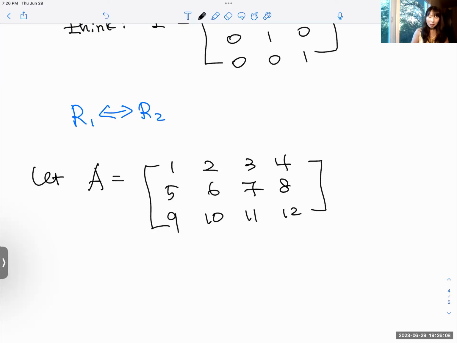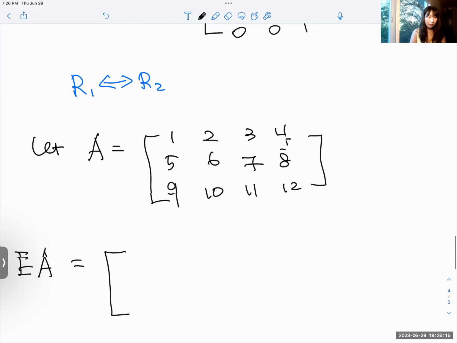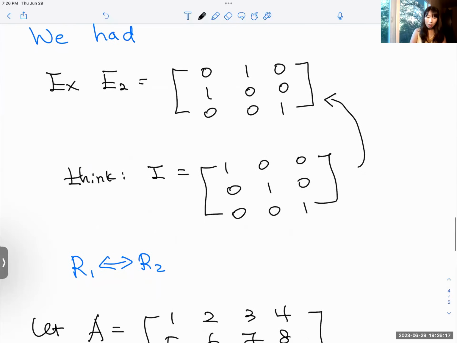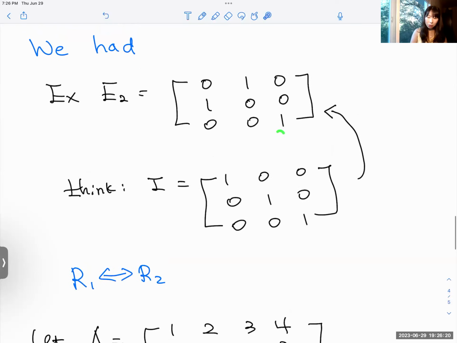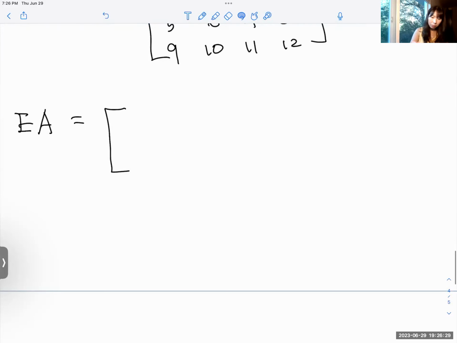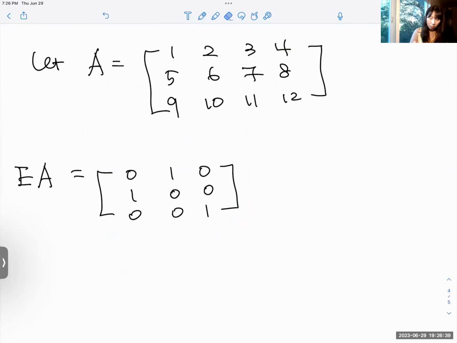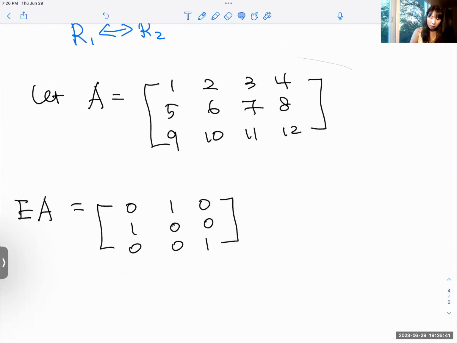Okay, so let's check that. The product EA means that we have the elementary matrix E here, and A.